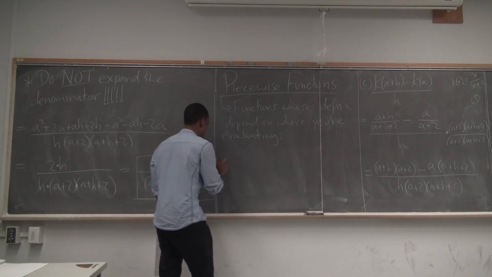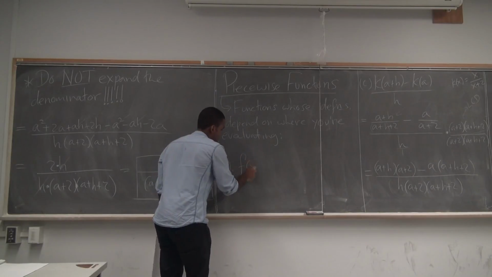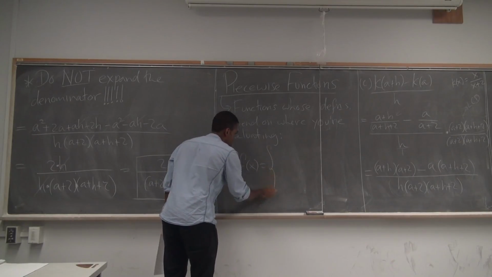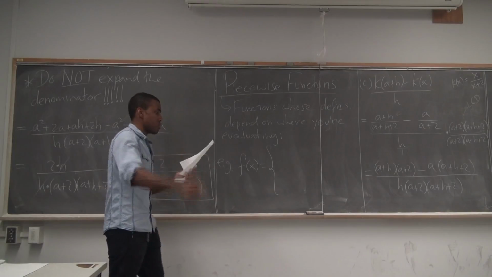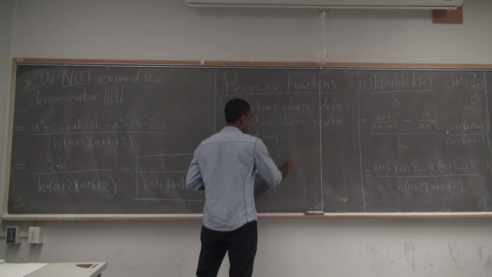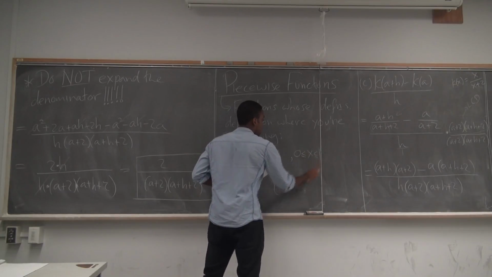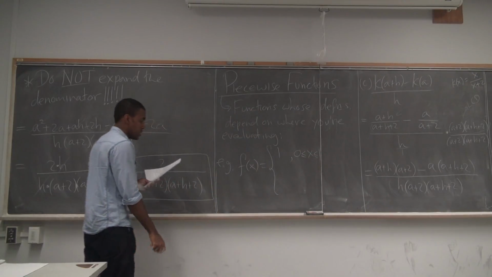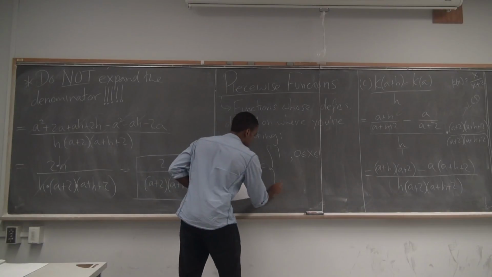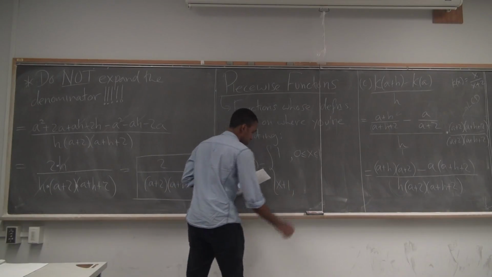Here's the notation. For example, f of x, you have this squiggly bracket, they write it like that, and they write out the definitions and where they want them to take effect. So I can define this function to be 1 when x is between 0 and 1, and I can define it to be something else somewhere else.